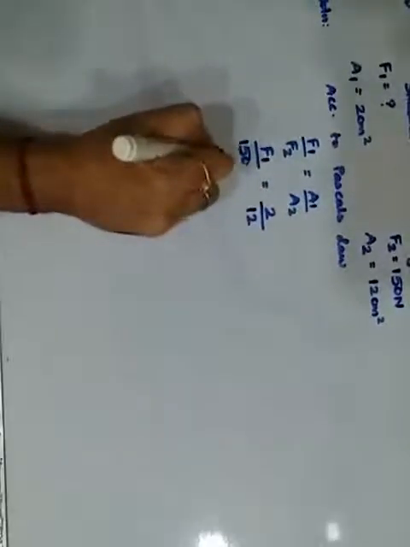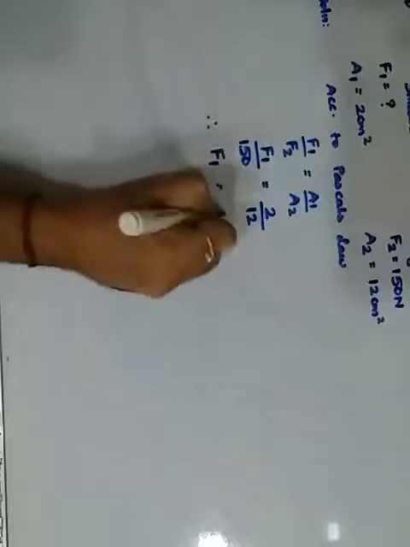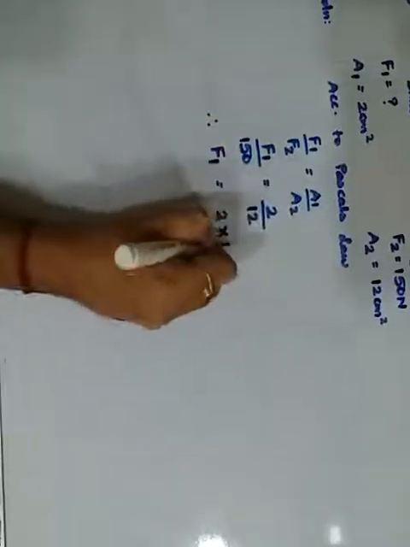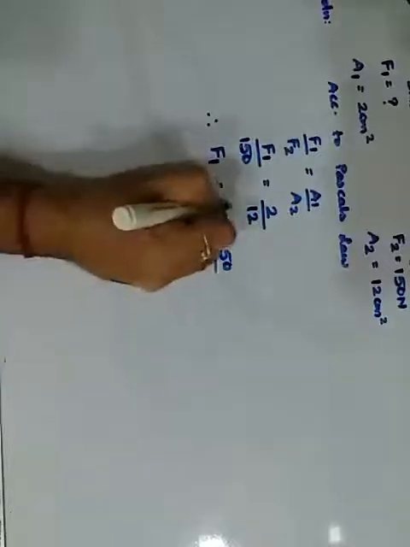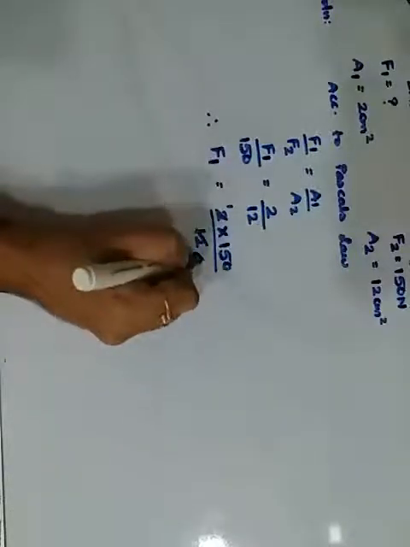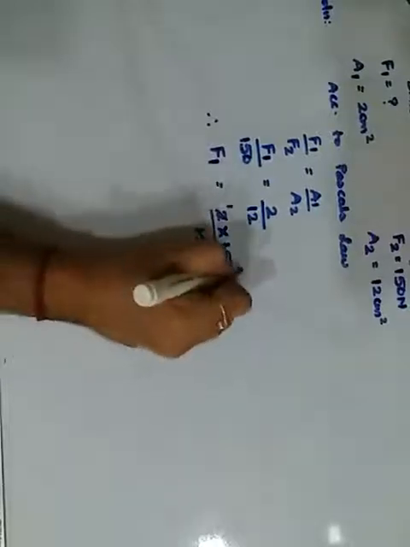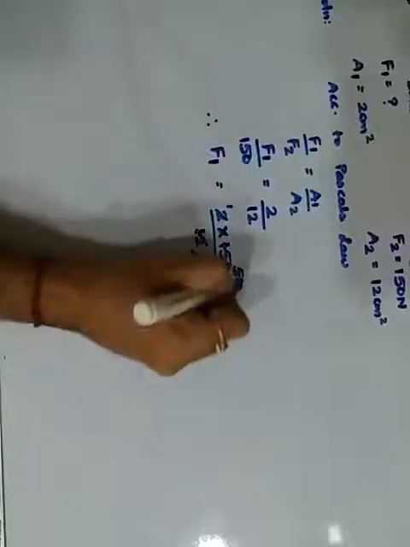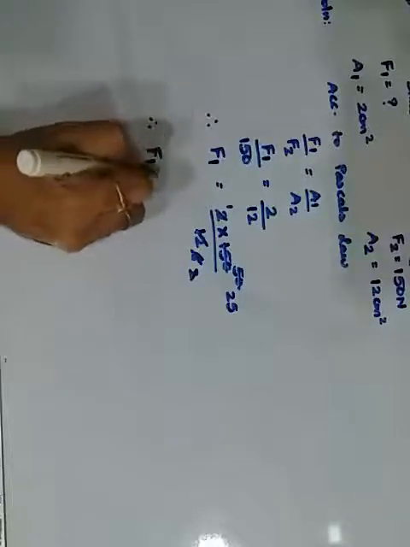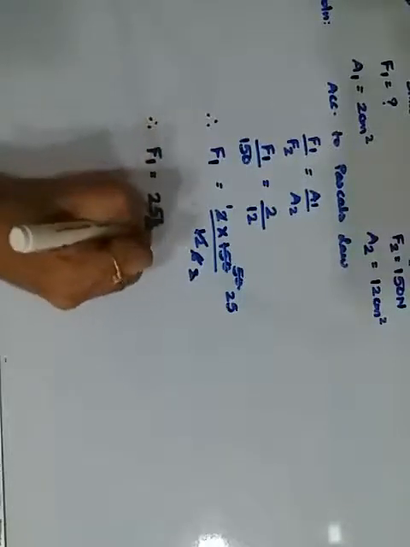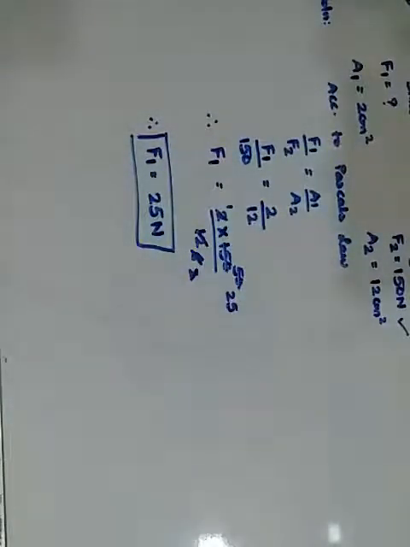Cross multiply, therefore your F1 is 2 remains as it is, 150 goes up, upon there is 12. Cancellation, 2 ones are 2, 6 twos are 12, 6 twos are... and therefore your final answer F1, just a force of 25 Newton is required to lift a load of 150 Newton. Simple, कुछ भी नहीं था.